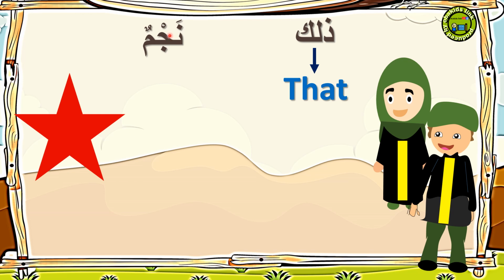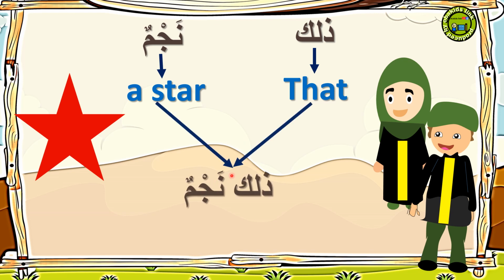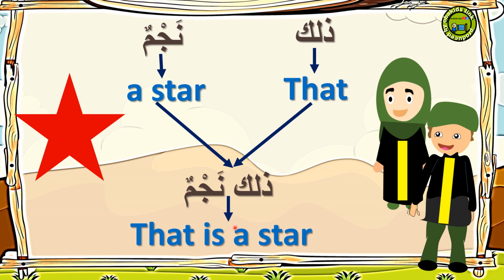Najmun is a singular noun which means a star. Now if we join Zalika and Najmun together, it becomes Zalika Najmun. Say after me. Zalika Najmun, which means that is a star. Let us go to another example.